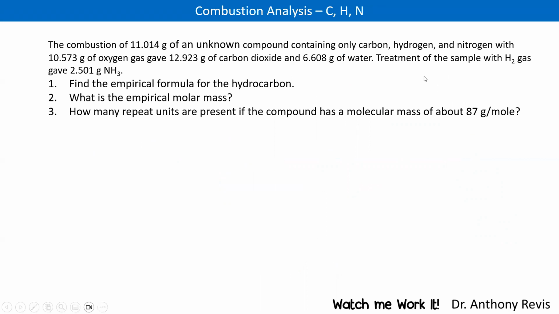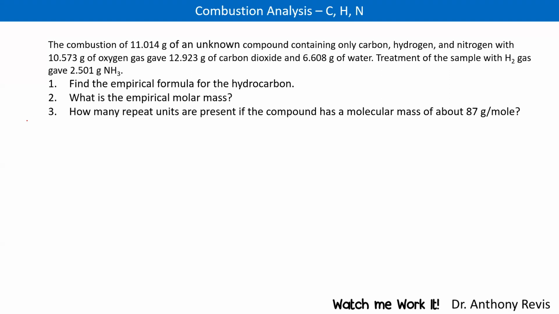The combustion of 11.014 grams of an unknown compound containing only carbon, hydrogen, and nitrogen, with 10.57 grams of oxygen gas, gave 12.923 grams of carbon dioxide and 6.608 grams of water. Treatment of the sample with hydrogen gas gave 2.501 grams of NH3.